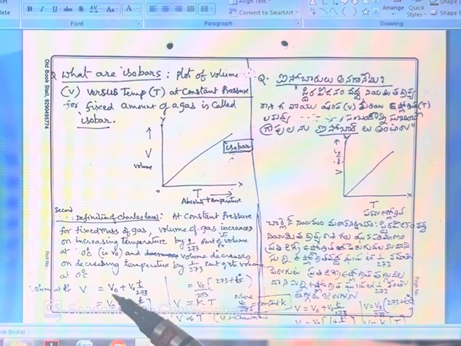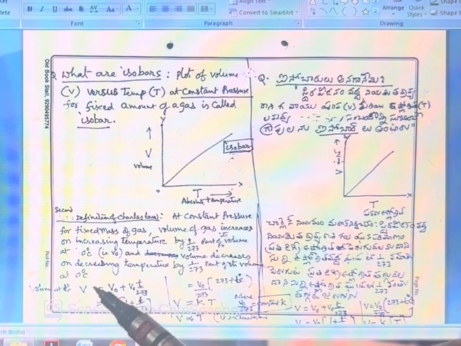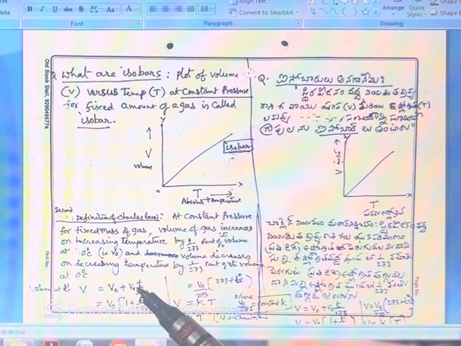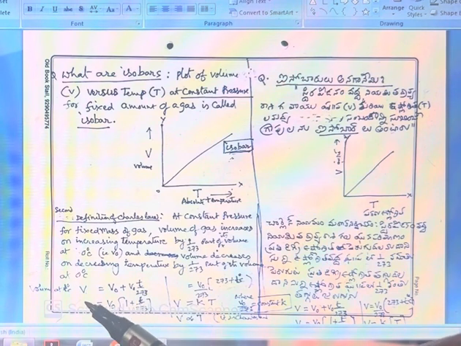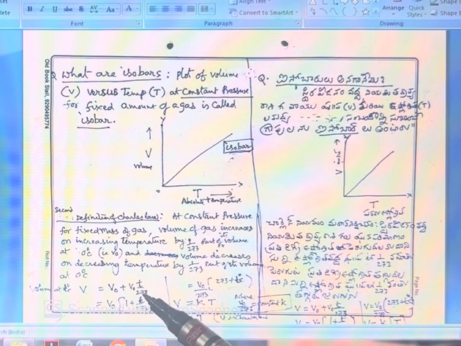That means, when you increase the temperature by 1 degree, the volume will be V0 plus V0 by 273. If you increase the temperature by 2 degrees, where V0 is the volume at 0 degrees, it is V0 plus 2 by 273 of V0.